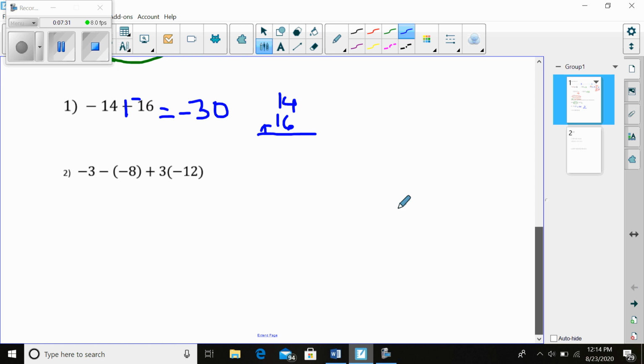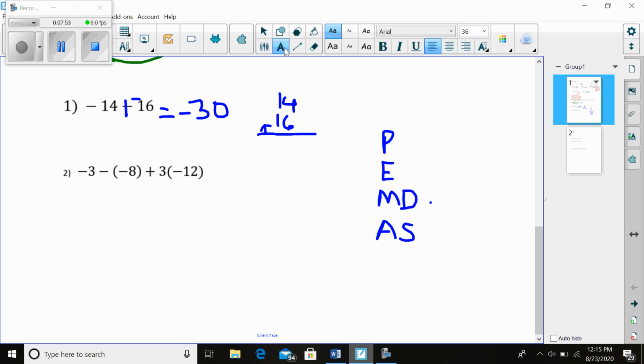Now, some of these other exercises require you to know order of operations. And when I write down the order of operations, you probably have learned PEMDAS, and I always write PEMDAS like this: parentheses, exponents, multiply, divide, I put them together, add and subtract, and I put these together at the same time.